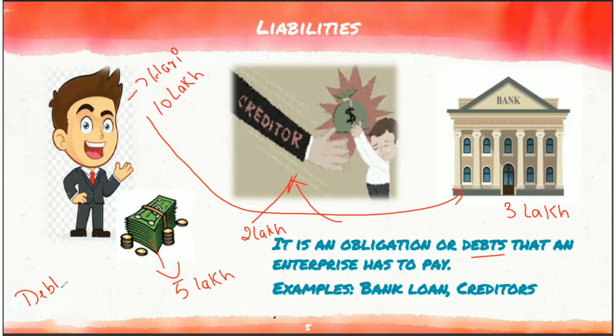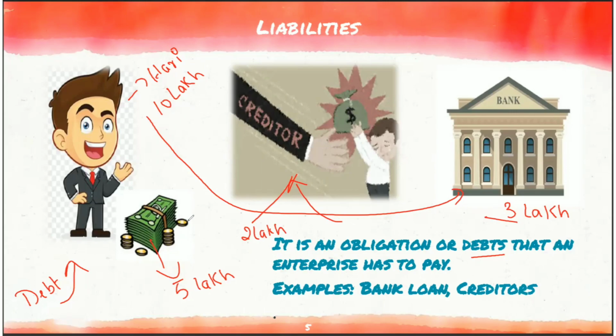The borrowed money, we call it a debt. And this debt creates an obligation for Hari that he has to pay 2 lakh to his friend and 3 lakh to the banker. Okay, now totally he got 10 lakhs after borrowing. So now he can start a business.